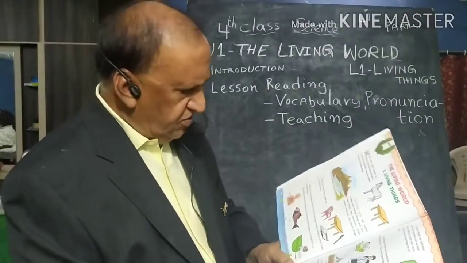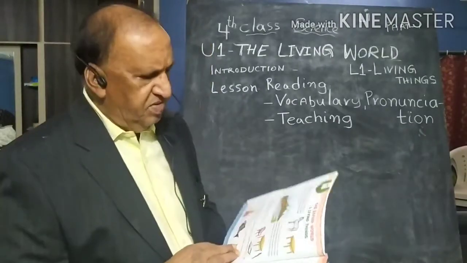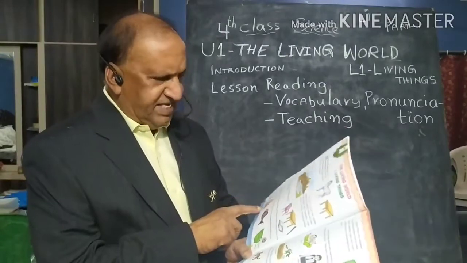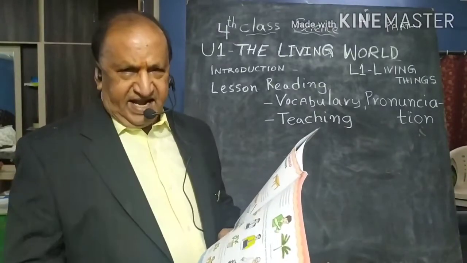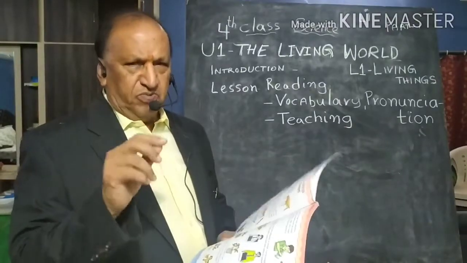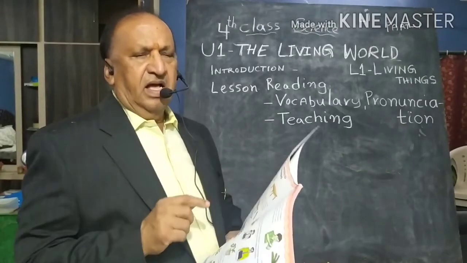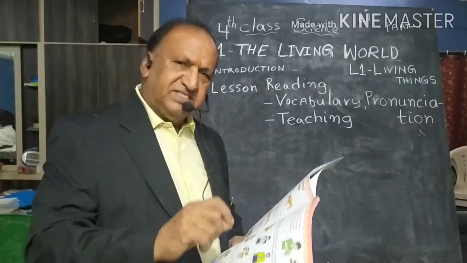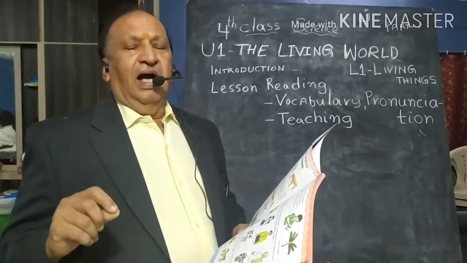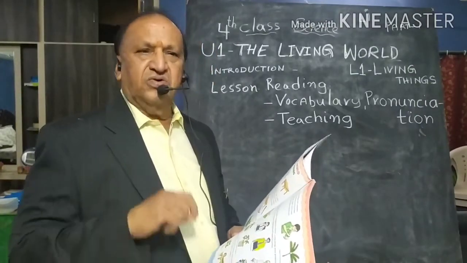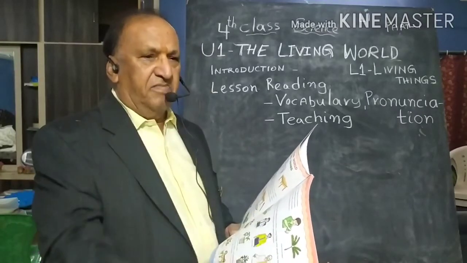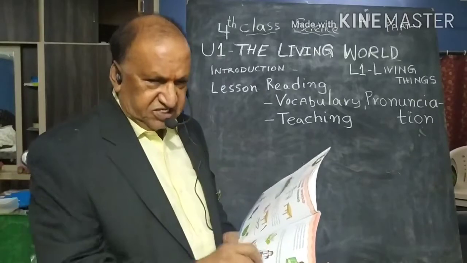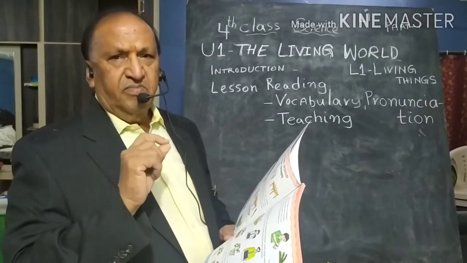Everybody open the book, look at page number 6, and as I read, I want you to put your finger on it. If I feel a particular word is a difficult word, I will take the time to pronounce it more number of times till you understand the pronunciation as well as the meaning.